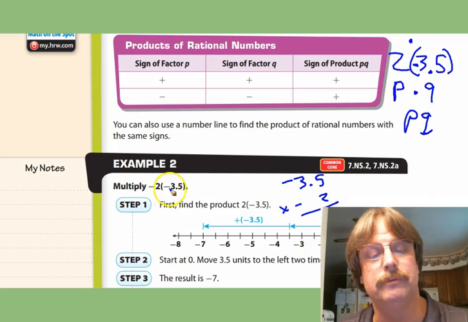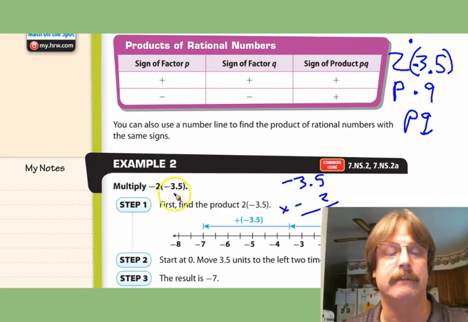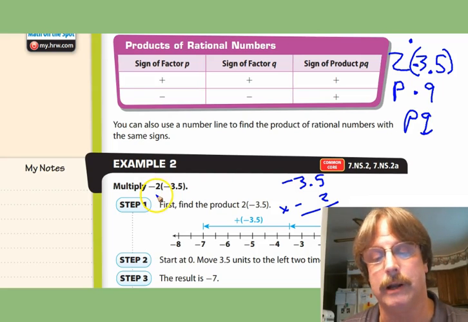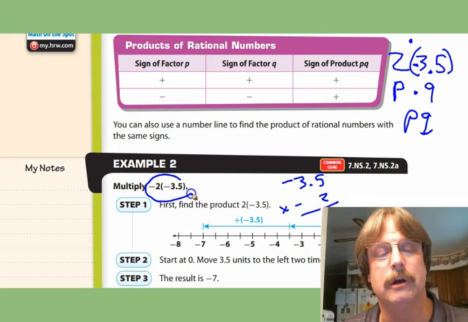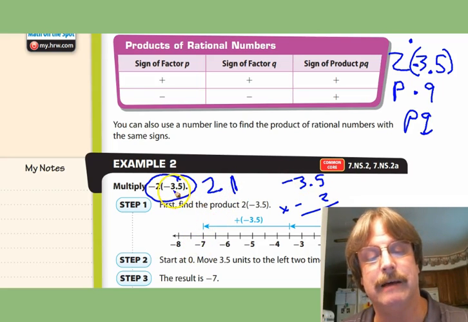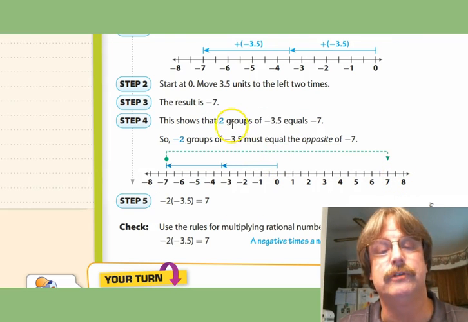So you have two groups of negative 3.5. And if you recall, I showed you how this works back in the video for 2.1. So if you need a refresher, go back to video 2.1 and watch this. Because we have negative 3.5 groups, and we have two groups, so they show the two groups there. So since it's a negative 2, we're going to have to do the opposite.